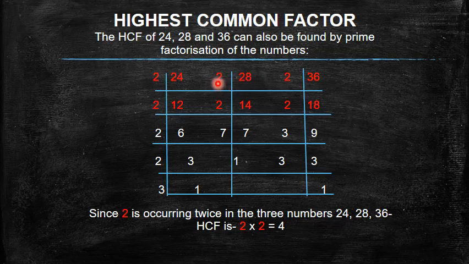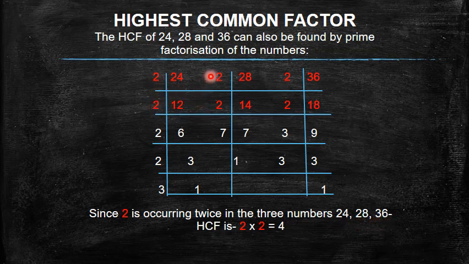Similarly, for 28 we have the factors 2, 2 and 7, and for 36, 2, 2, 3, 3, and we come to the conclusion that 2 is occurring twice in the three numbers 24, 28 and 36.